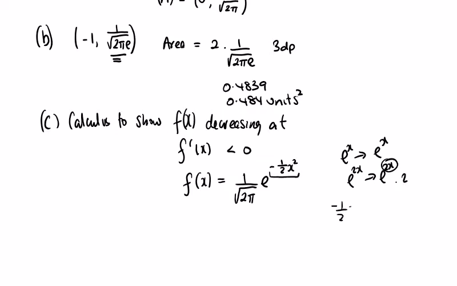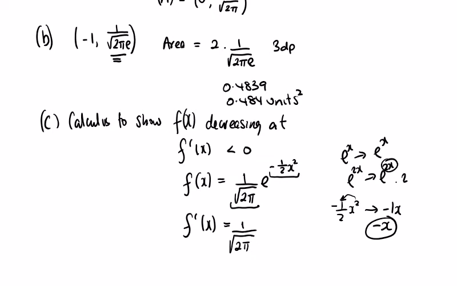Minus a half x squared, what will that go to if we differentiate it? Well, the 2 by minus a half is minus 1, so just minus x. So f prime x is, well, this is just a constant in front of e, so that stays there. 1 over the square root of 2 pi times e to the power of minus a half x squared, and then multiplied by minus x.